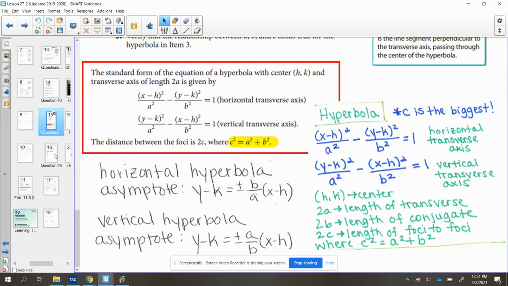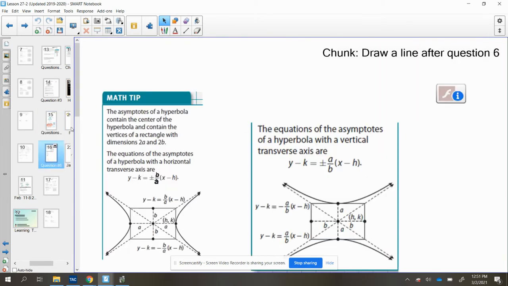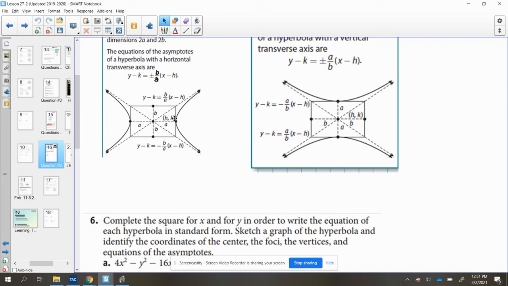The other thing you're going to notice is that there are asymptotes involved, aka lines, with our hyperbolas. So for our horizontal hyperbolas, which open side to side, the equation of the two lines is either positive B over A, because you're rising B, running A, think slope here, or negative for our decreasing line, you're going down B to the right A. It flip-flops, if you'll notice in your book, and be careful, there was a typo in your book, this is on page 369, for the transverse axis here.